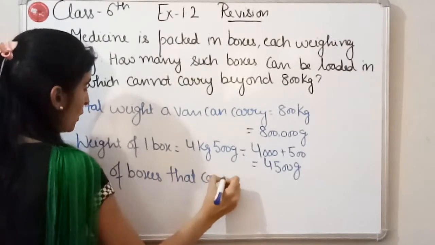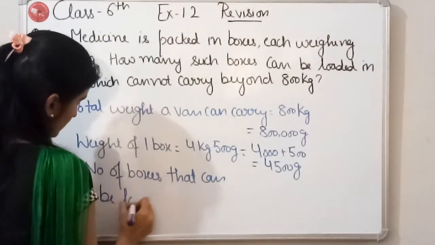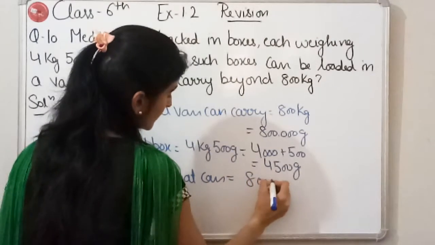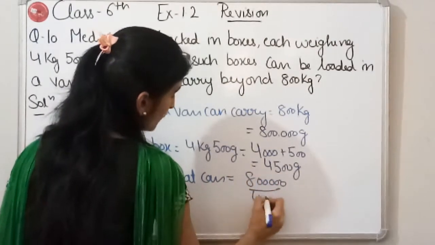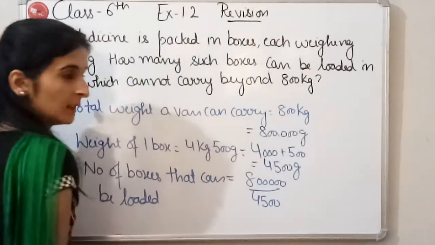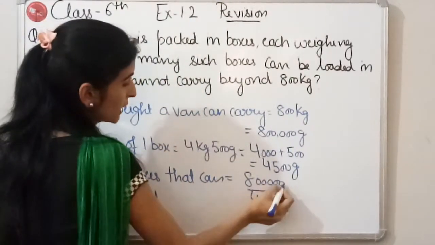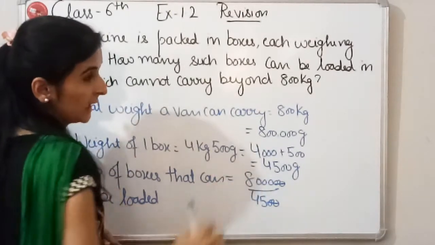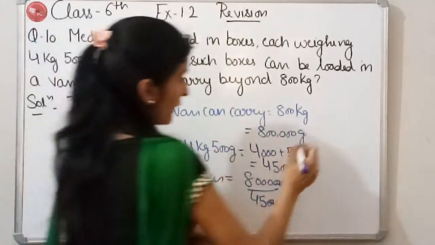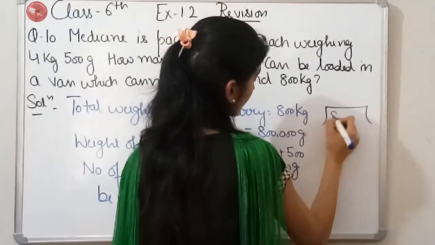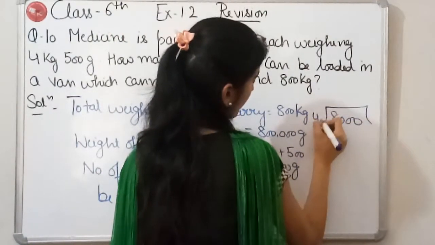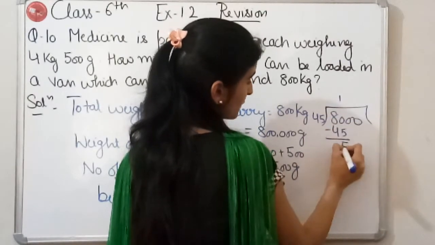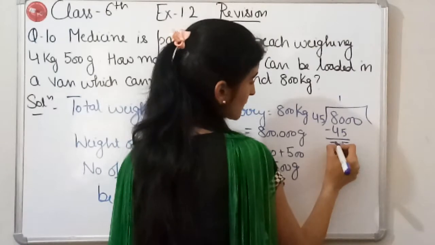Then to find out the number of boxes that can be loaded, we will divide 800,000 by 4500. Yes. So these two zeros we can cut with these two. It means we have to divide 8000 by 45. I am going to divide here. 45 ones are 45. 10 minus 5 is 5. 7 minus 4 is 3.